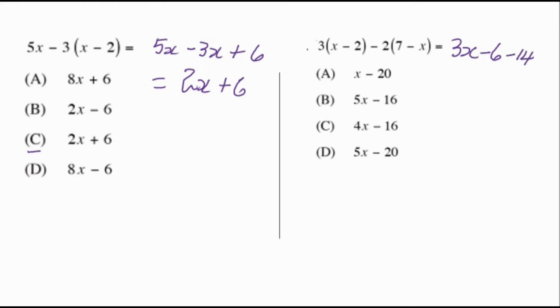And negative 2 times negative x gives us plus 2x. Okay, we're going to group the like terms. So we have 3x, 2x, negative 6, negative 14. This gives us 5x, negative 20. Correct answer is D.